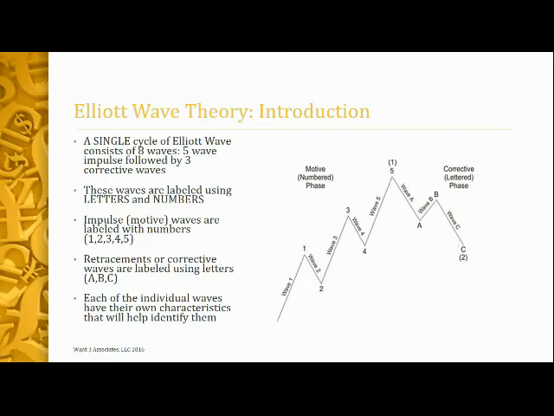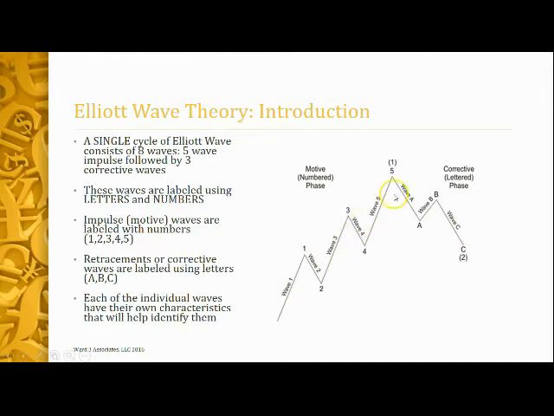These waves are labeled using letters and numbers. Your impulse or motive waves are labeled with the numbers. Those are the trends, okay? Your trending impulse legs are labeled with the numbers, as you see right here. Your retracement or corrective waves are labeled using letters, as you see right here.